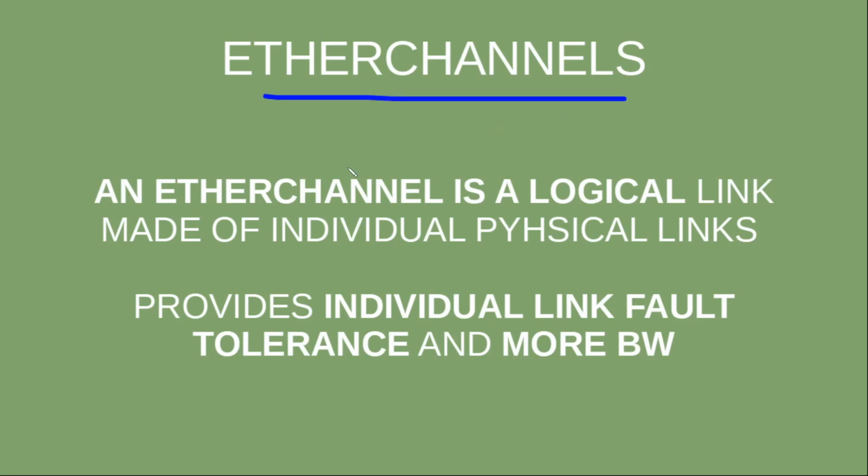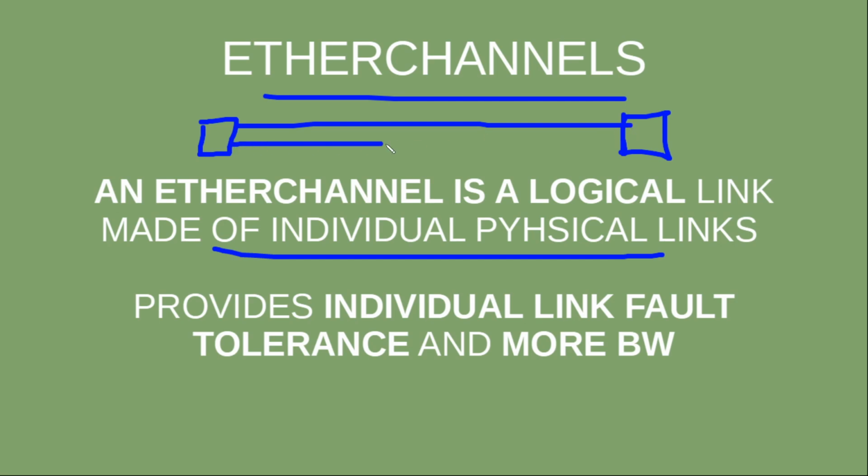EtherChannels. An EtherChannel is a logical link made of individual physical links. It provides individual link fault tolerance and more bandwidth. So if you basically have two devices and you have more than one link between these two devices, if you configure an EtherChannel, you can have more bandwidth.